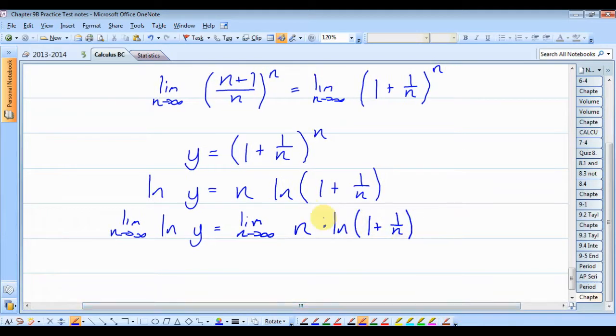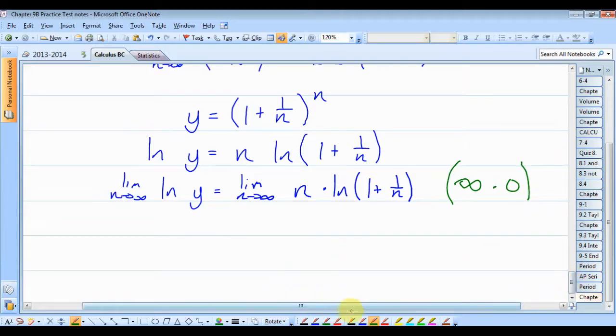Okay, now we're going to work on the right side here. As n goes to infinity, don't I get infinity times, let's see, the natural log of 1 over infinity, so the natural log of 1 is 0. Good. Now I have to turn this into something I can use L'Hopital on.